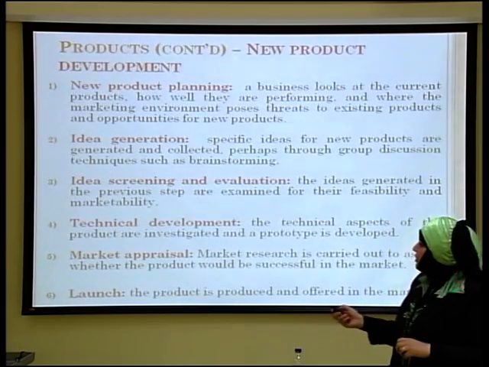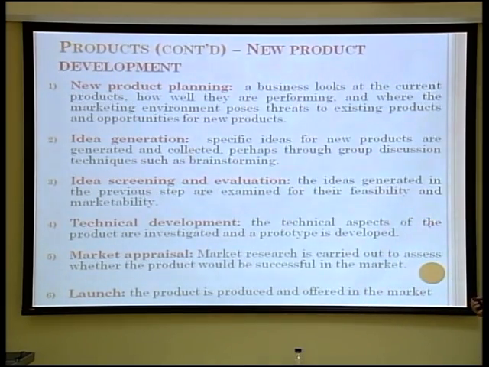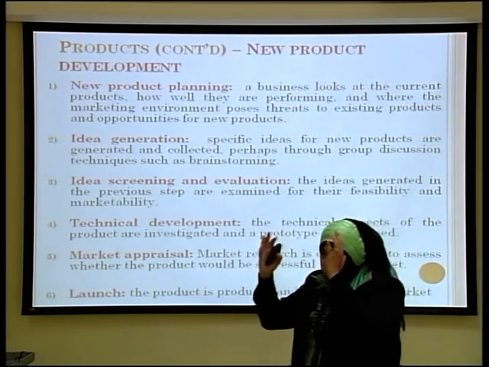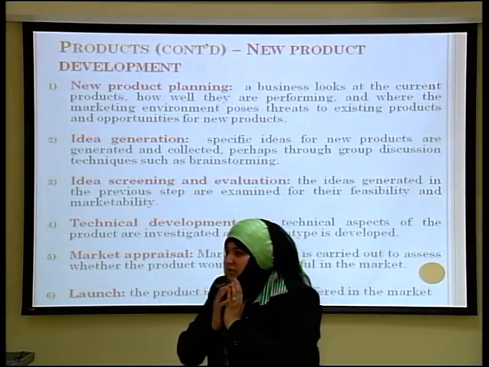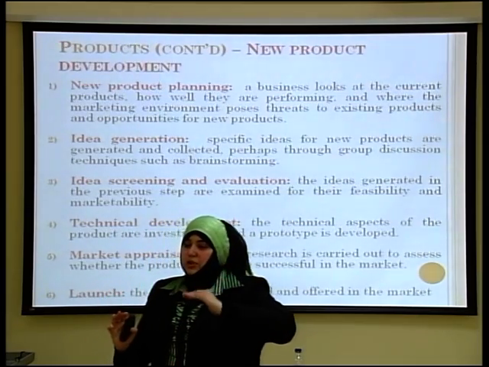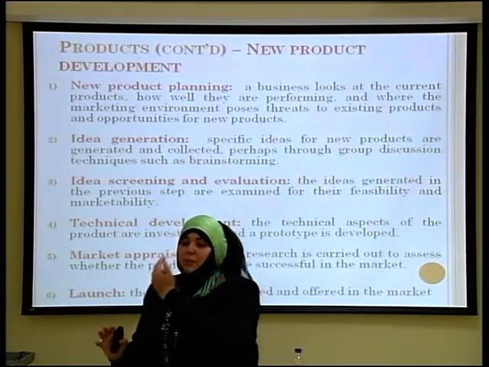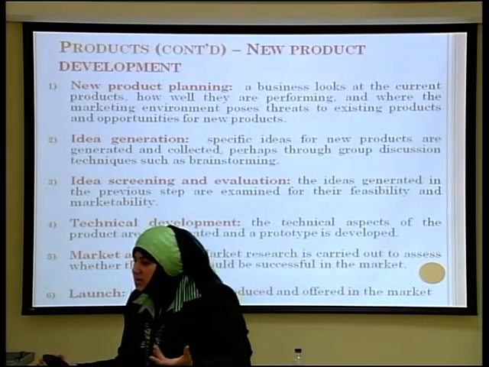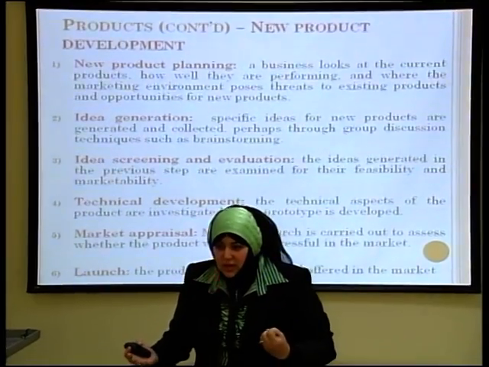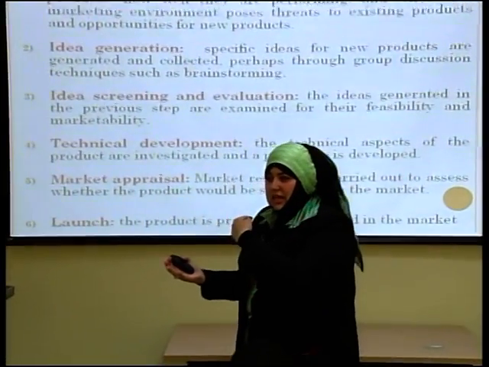So the technical aspects of the product are investigated and a prototype is developed. This is the initial design of the product. Now you know that you would like to offer a car, but how to design it? Which features to include? All of this relates to the technical design.